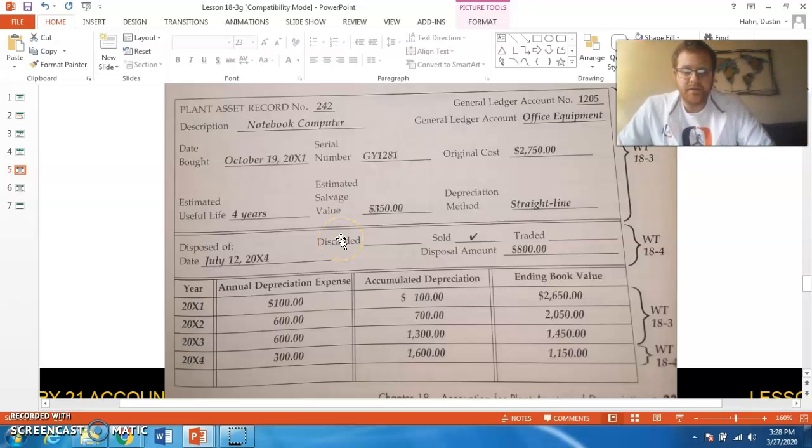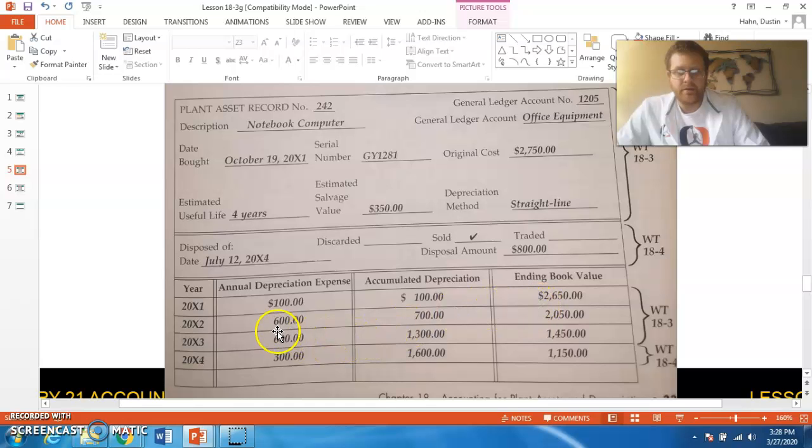So each month, your notebook computer depreciates by $50. We had it for 2 months, so take 50 times 2, and that's how much it depreciated the first 2 months. It's $100. 2750 minus 100 equals your 2650.